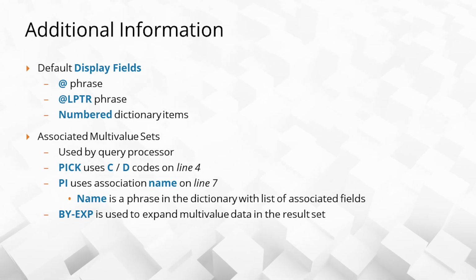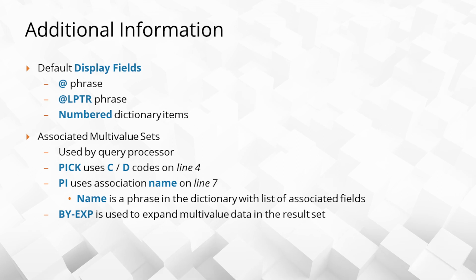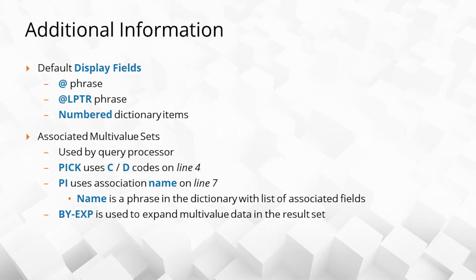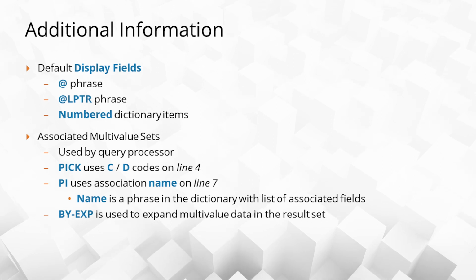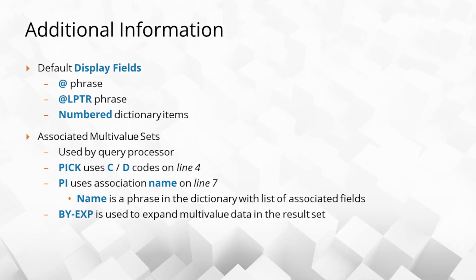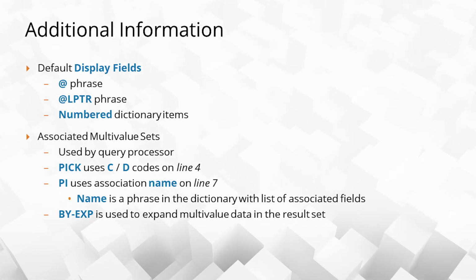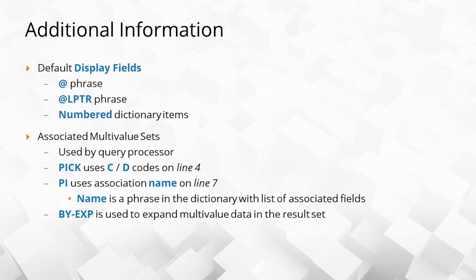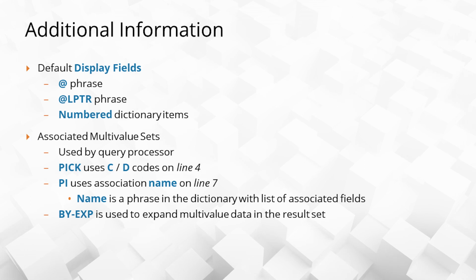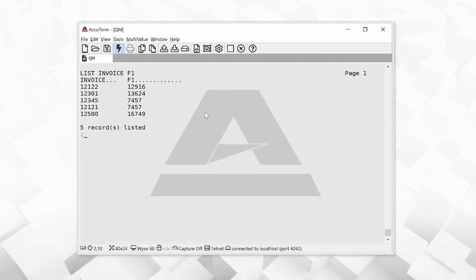Two other topics. One is the default display fields. If you type in a query and you ask for no specific fields to be displayed, there's a way to specify the default fields in the dictionary itself. There's a phrase called @, just the @ sign, which you can see on the screen here.